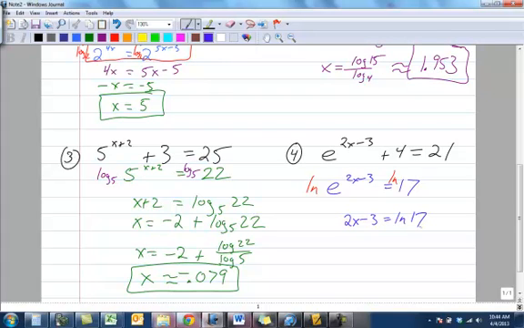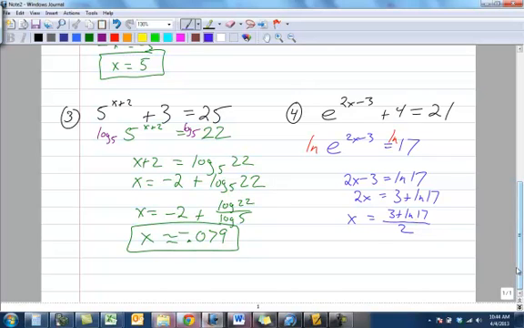Keep solving. We're not going to round the answer until the very end. So this is going to be 2x equals 3 plus natural log of 17. So x is equal to 3 plus the natural log of 17, divided by 2.